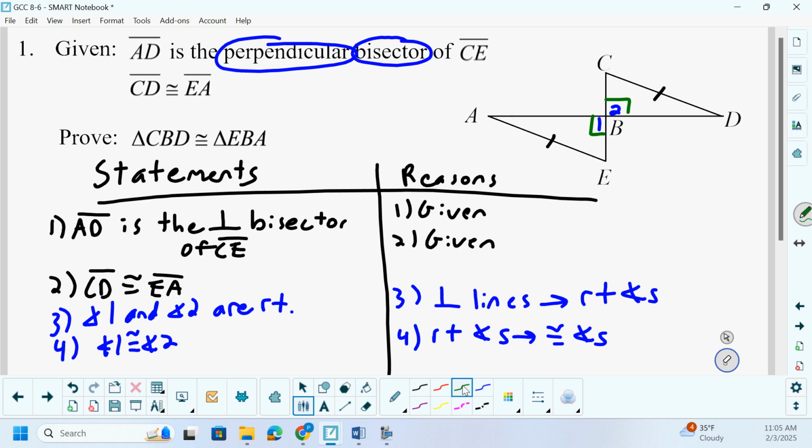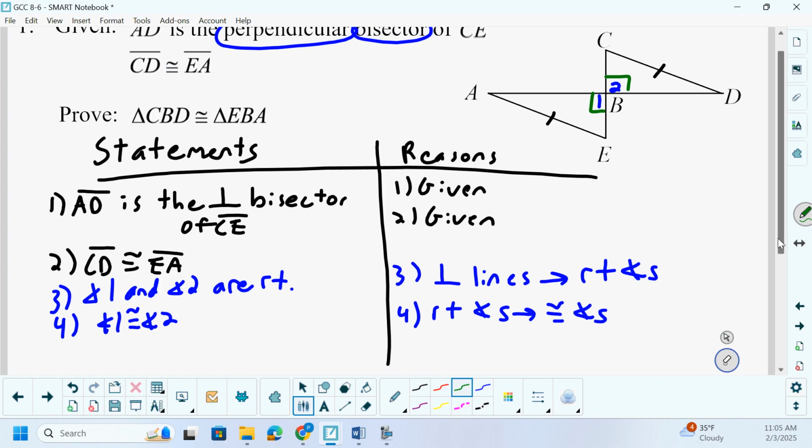Well, now we also have the AD as the bisector of CE. After that word bisector is a segment, so that'll lead us to do segment bisector implies midpoint.